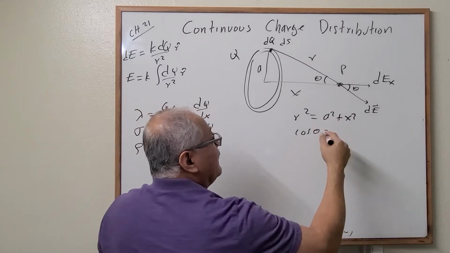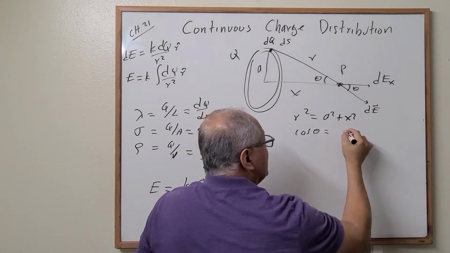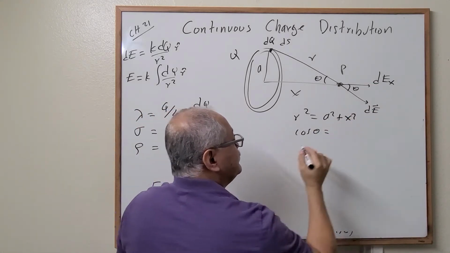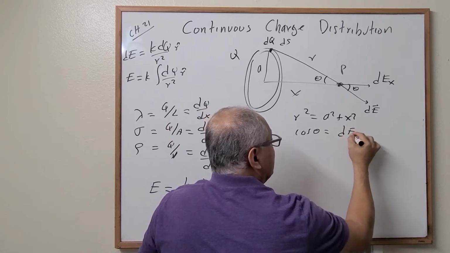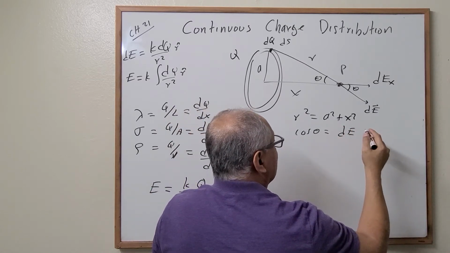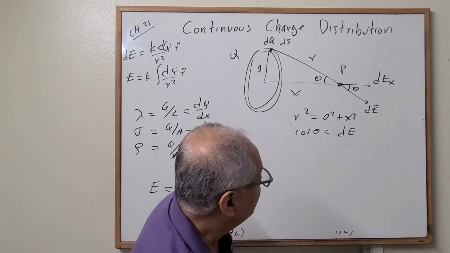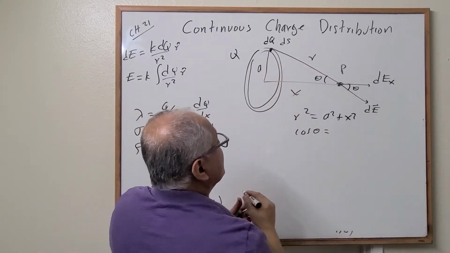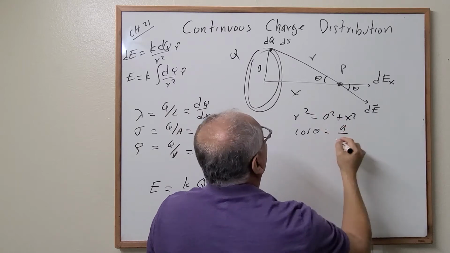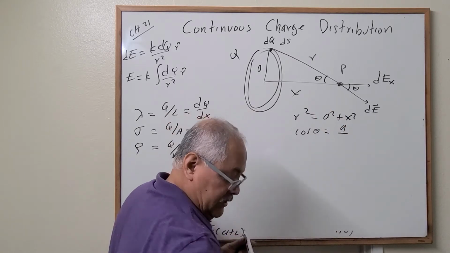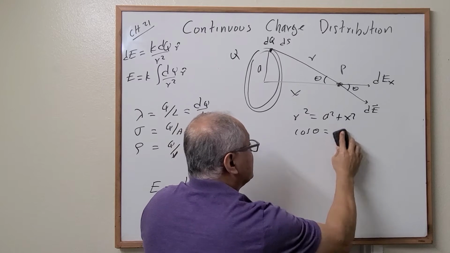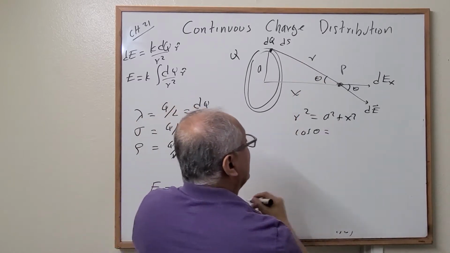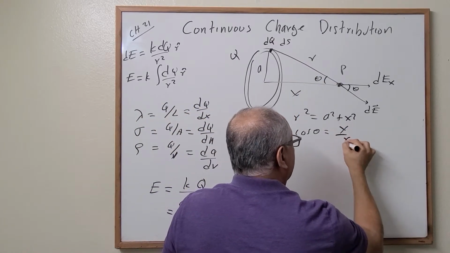Because these are related this way, dE in the x direction is equal to dE times cosine theta, and cosine theta is x over r.